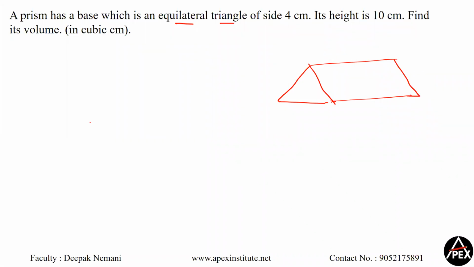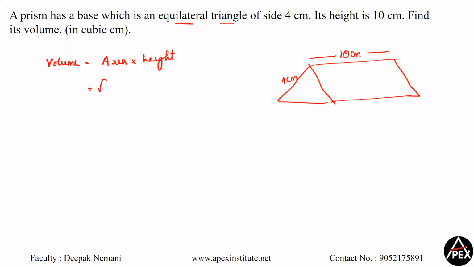Okay, and we need to find its volume. So volume of a prism is equal to area of base, which is in the form of an equilateral triangle, into height, isn't it? So this height is 10 centimeters, and the side of this equilateral triangle is 4 centimeters.